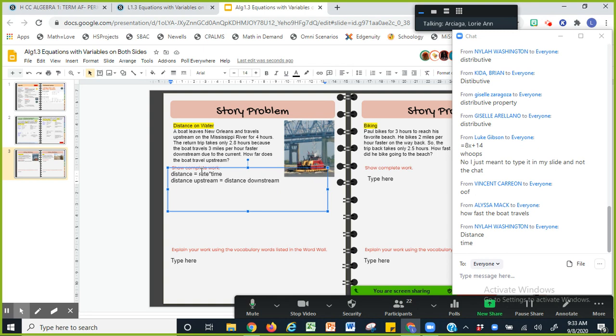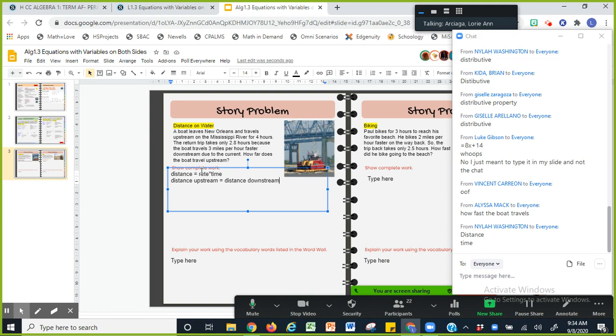However, the rate for downstream is faster because if you're traveling with the current, then your boat goes faster, right? If you're traveling against the current, then the opposing current also slows down your movement.